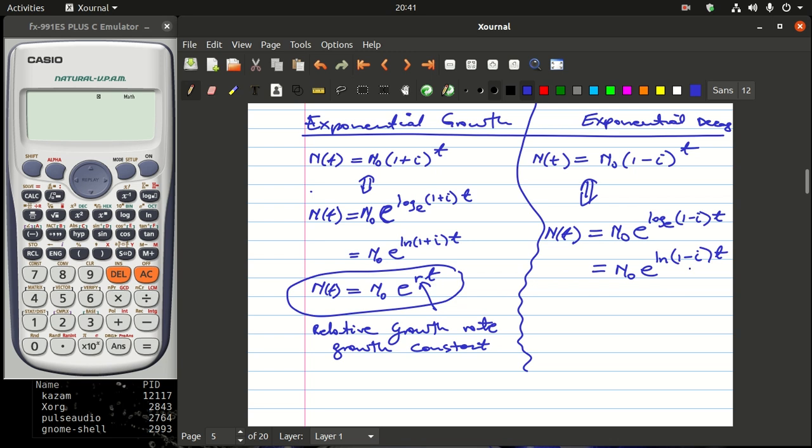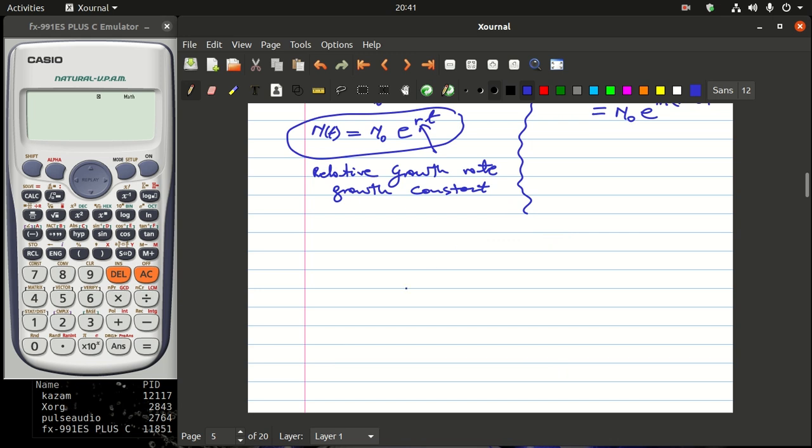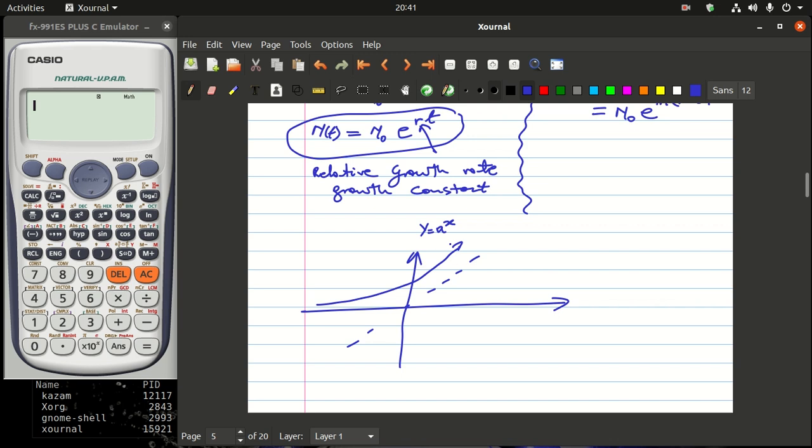Now, let's look into this number here, because I am adding to 1. Let me go down a little bit here. I want to draw a logarithmic function. We know that an exponential usually goes this way if you have y is equal to a to the exponent x, and the base is bigger than 1.